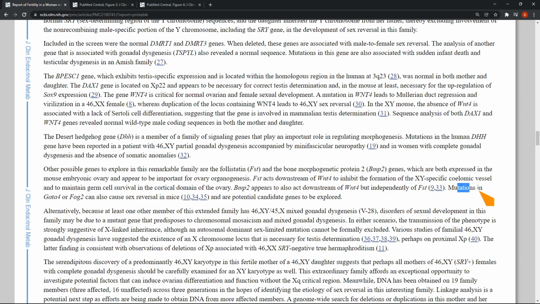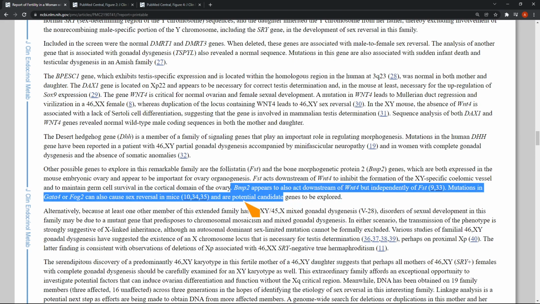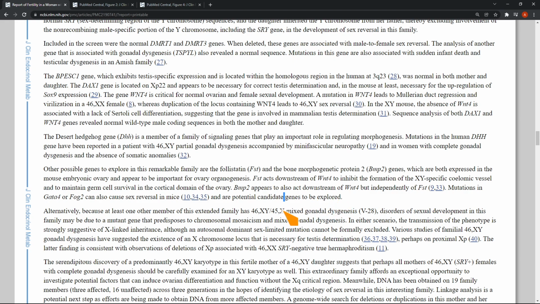So again, the authors point out that mutations in these two genes can also lead to sex reversal in mice, but they weren't. They are potential candidates to be explored, but they weren't here. Alternatively, because at least one member of the extended family has 46XY 45X mixed gonadal dysgenesis, right?